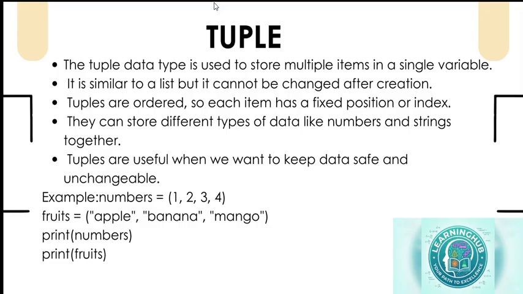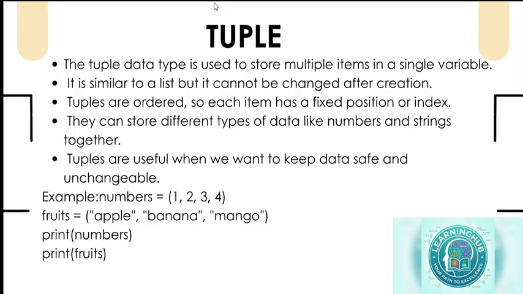Now the last data type is the tuple. A tuple is similar to a list, but the main difference is that a tuple cannot be changed once created. This is the clear difference between list and tuple. The tuple data type is used to store multiple items in a single variable. It is similar to the list, but it cannot be changed after creation. Tuples are ordered, so each item has a fixed position or index.